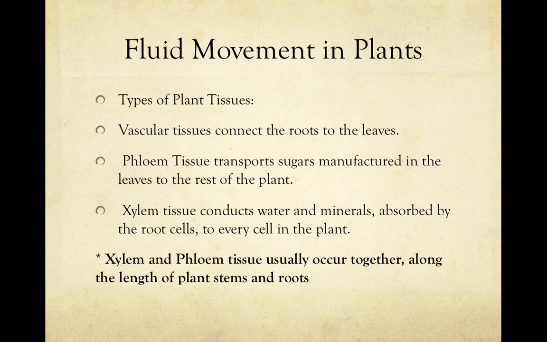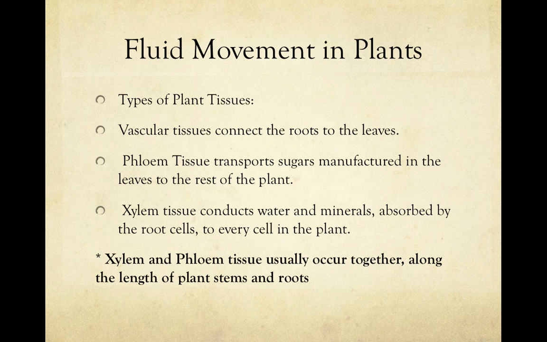So what types of tissues do plants have? Well, vascular tissues connect the roots to the leaves, okay? We have phloem tissues that transport sugars manufactured in the leaves to the rest of the plant. And remember, sugars are going to be like the food for plants.